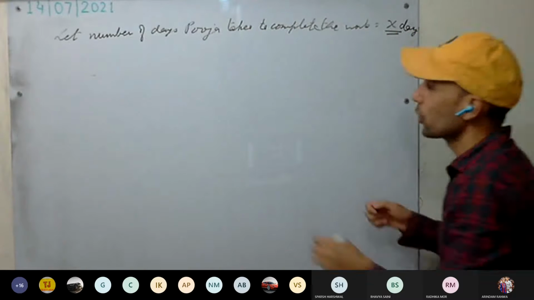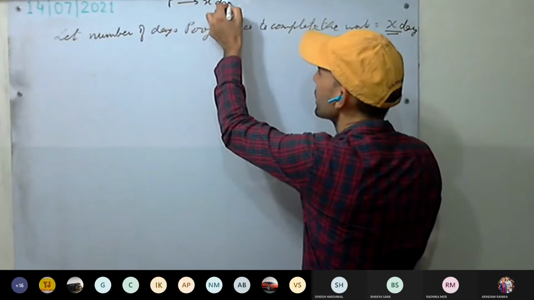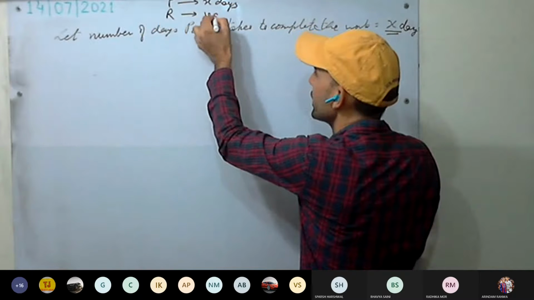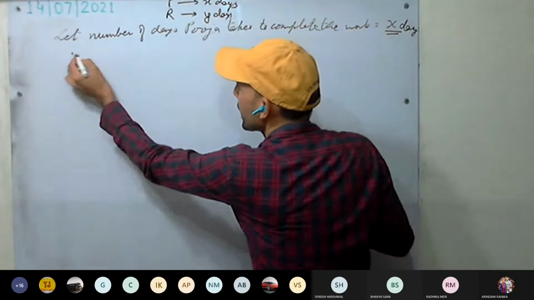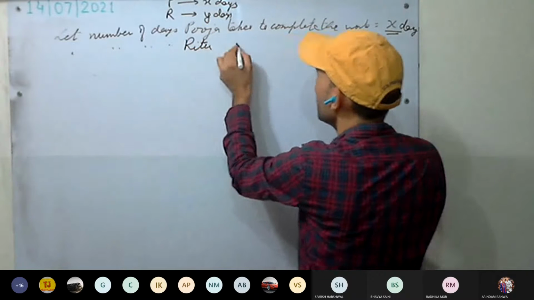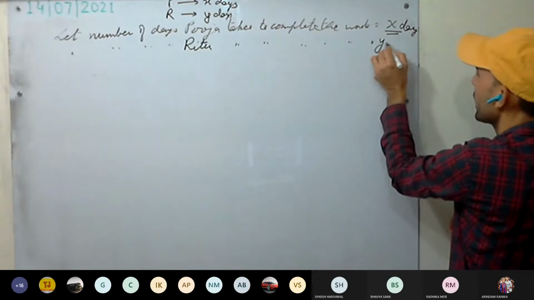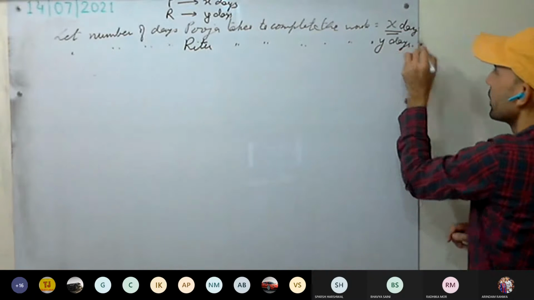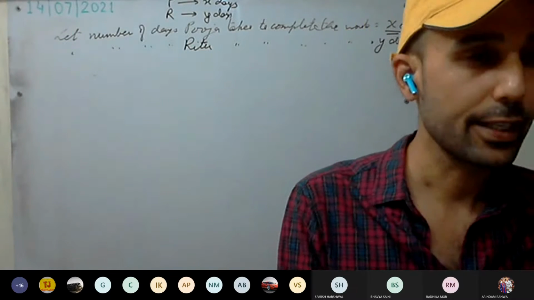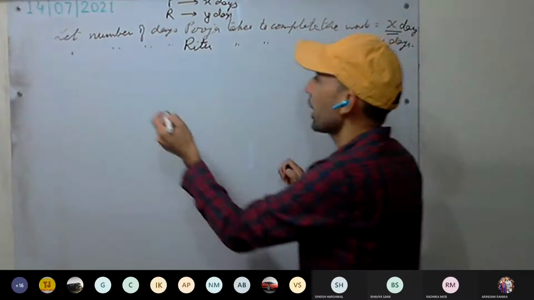Let the number of days Ritu takes to complete the work be Y days. So we have taken that for the whole work, Pooja takes X days and Ritu takes Y days.